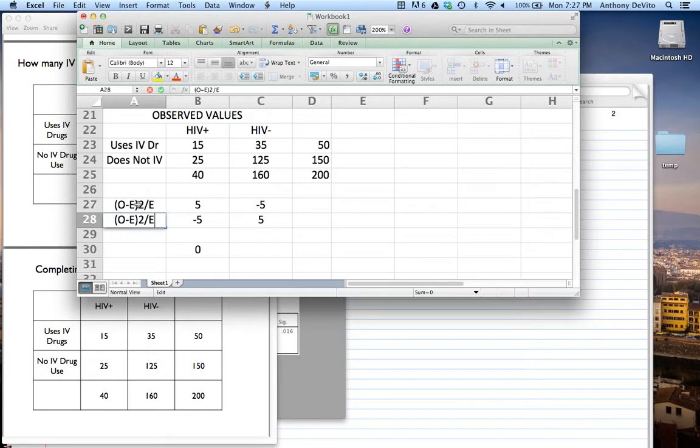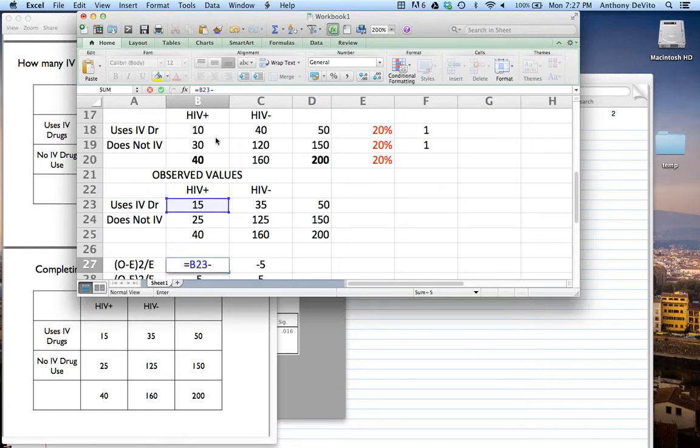Okay, that's actually a superscript. That's squared, not just multiplied by 2. So let me do that right here. So this is going to be equal to my observed value, which is 15, minus my expected value, which is, rather than scroll up, I'm just going to write it in. What was it, 20? Maybe I should scroll up, 10, right? Okay, and I'm going to square that.